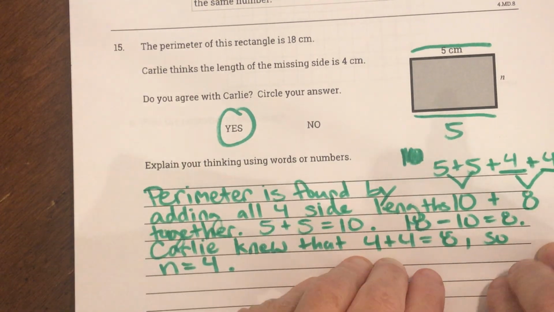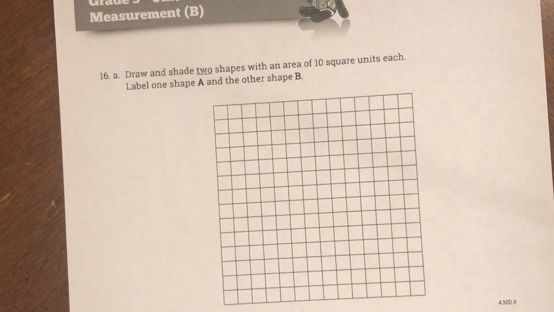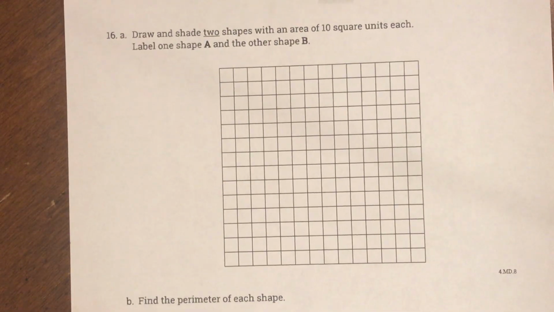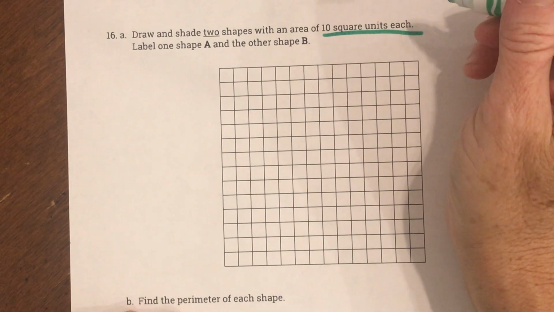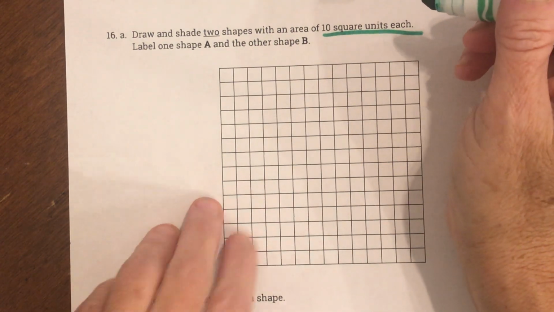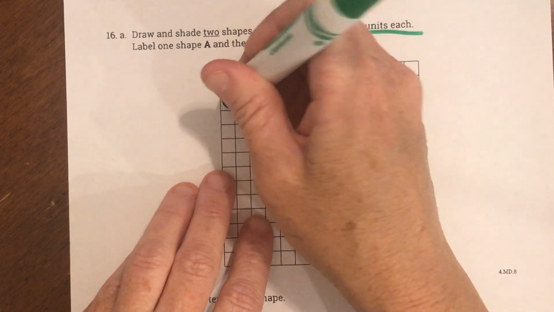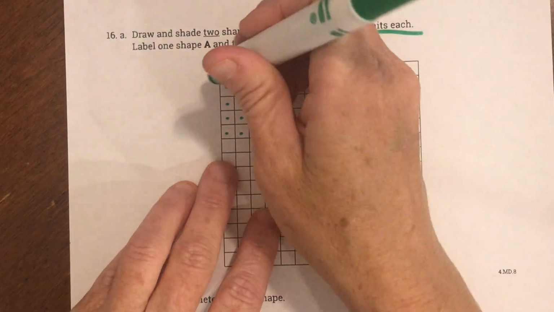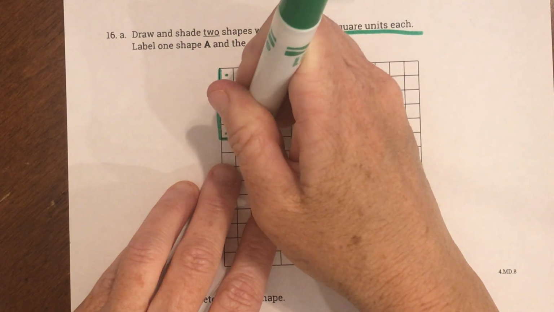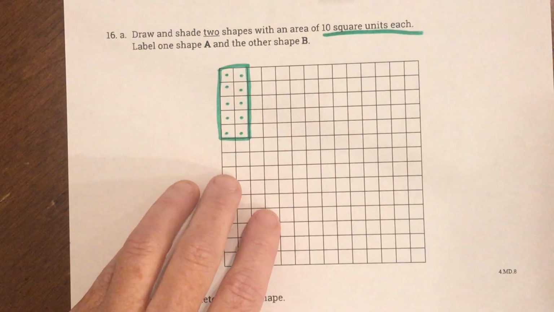Okay, let's look at number 16. Ready? It says draw and shade 2 shapes with an area of 10 square units each. So they want 10 square units. Well, I can just count even 10. And remember, they have to be rectangles. So I drew it.